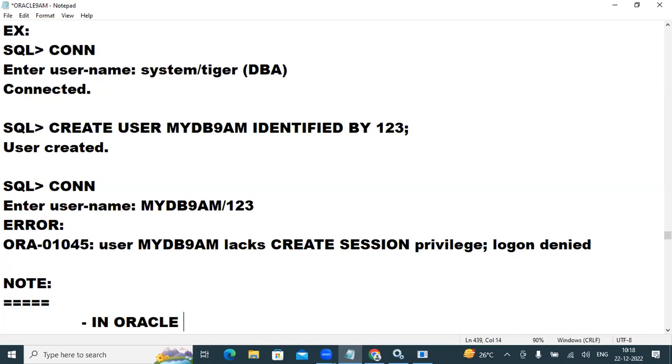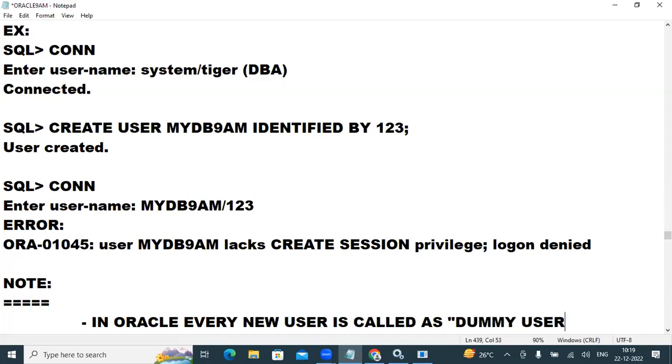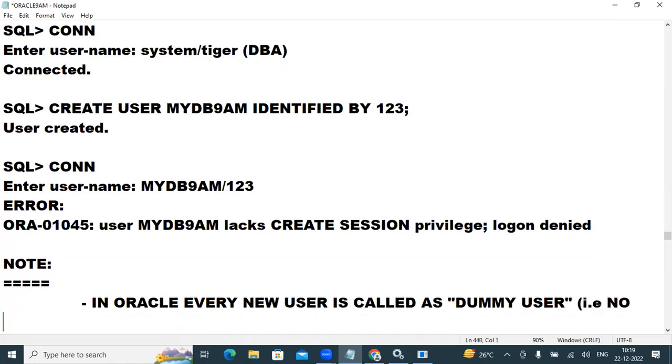In Oracle, every new user is called a dummy user. That means, dummy user means what? There are no permissions. So I'm writing here: no permissions.